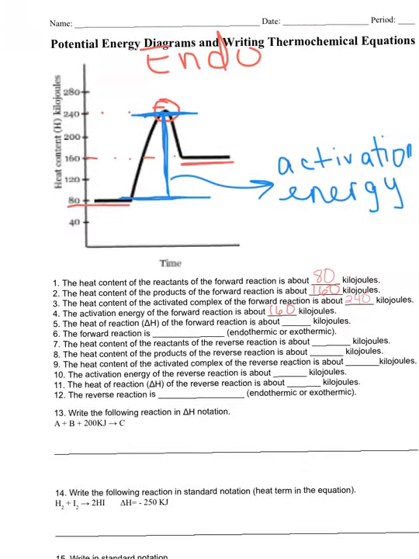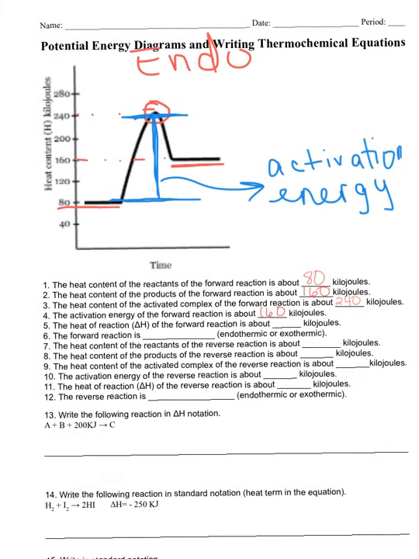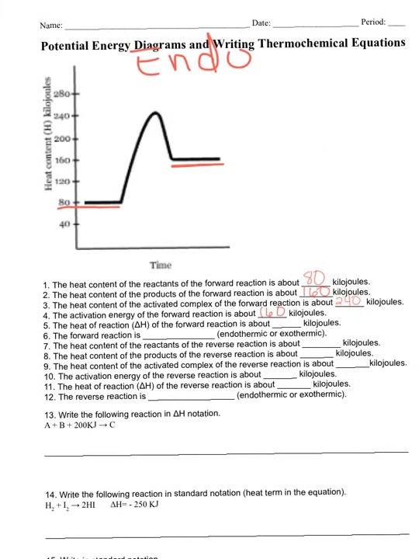The heat of reaction, delta H of the forward reaction. We have to remember these definitions. The heat of reaction is just the difference between the energy of the reactants and the energy of the products. So we have 80, 160.